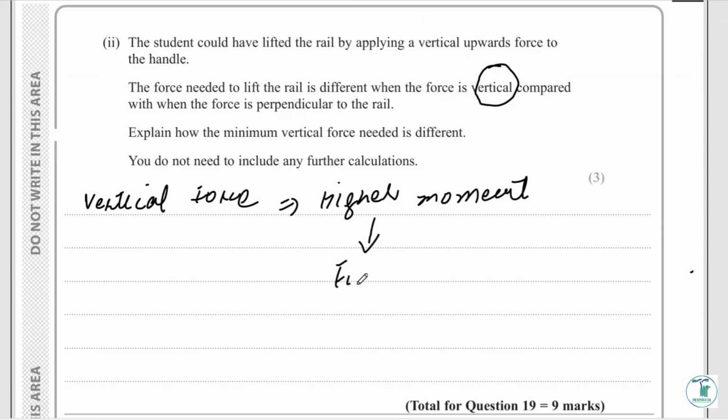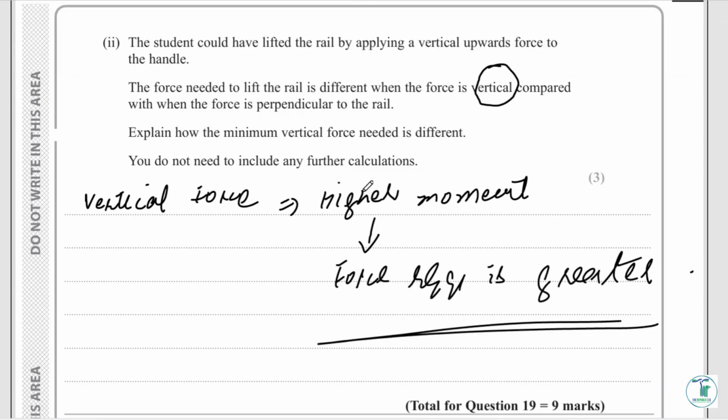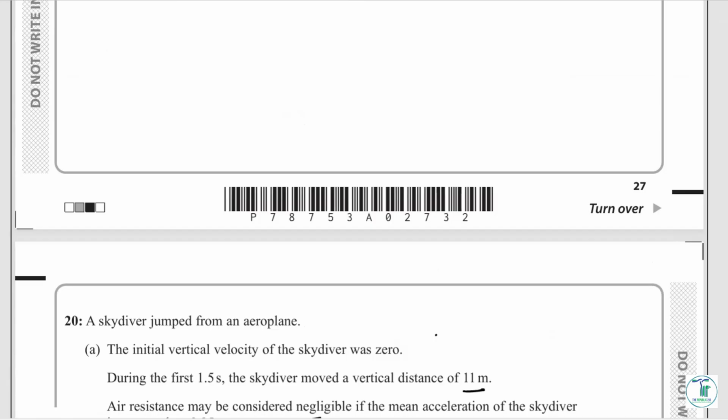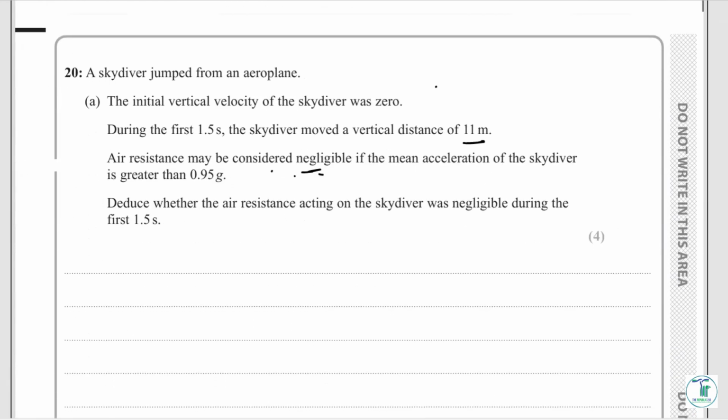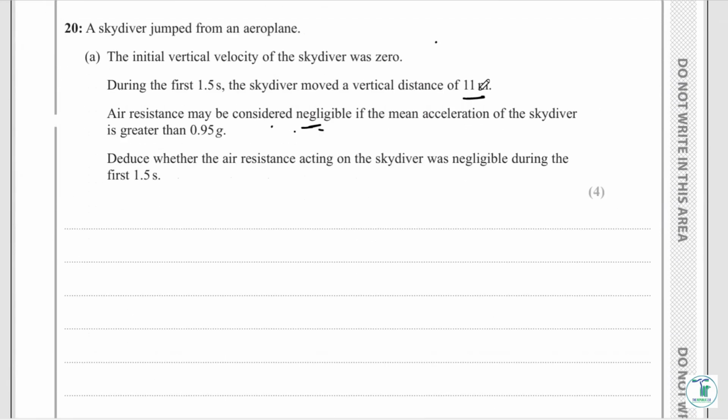That the force required to lift it up is greater as well, right? So that is why the force applied along the vertical has to be different, because the moment arm changes.